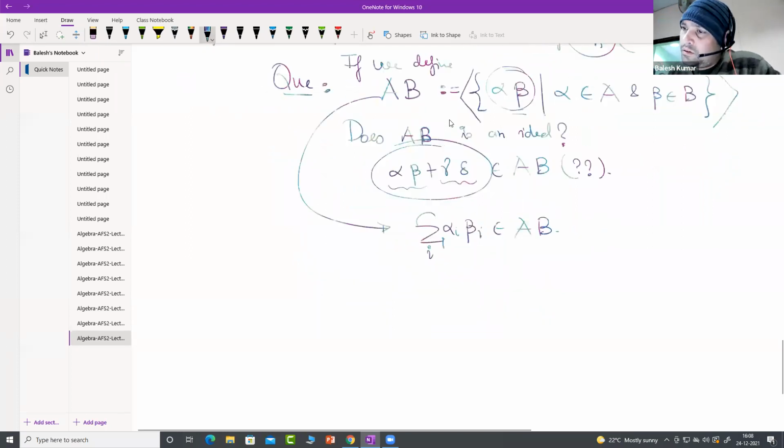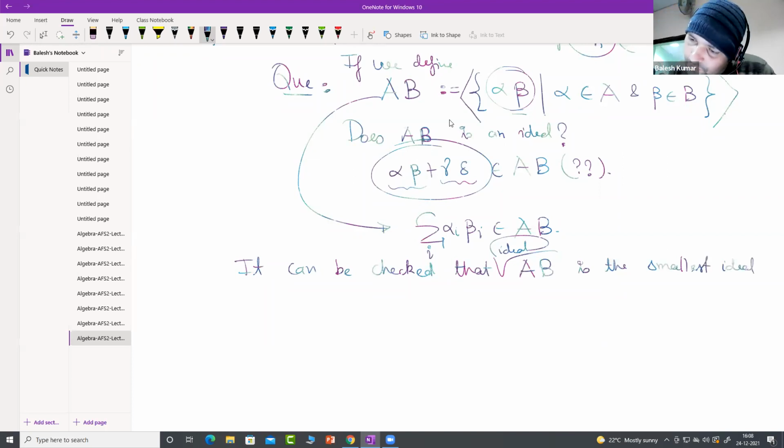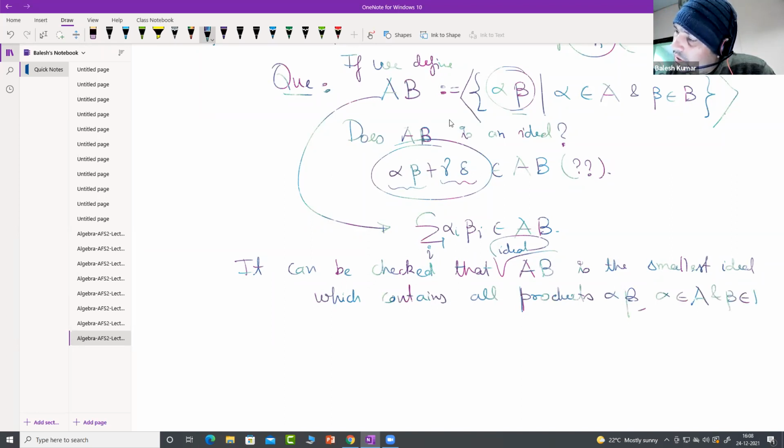It can be checked that the ideal AB is the smallest ideal which contains all products alpha times beta, where alpha belongs to A and beta belongs to the ideal B.